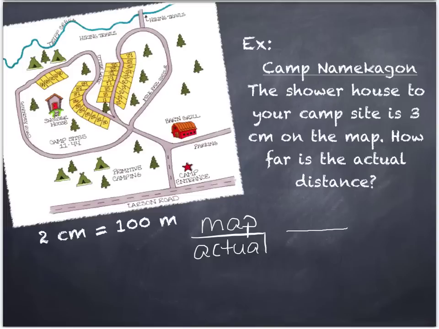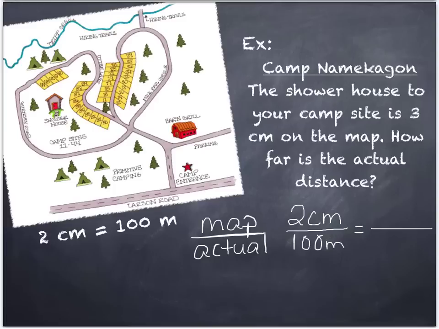Our first ratio is going to be our scale. Remember that our scale is 2 centimeters equals 100 meters. So our map tells us that every 2 centimeters is actually 100 meters. And we're going to make another ratio and set it equal to that.